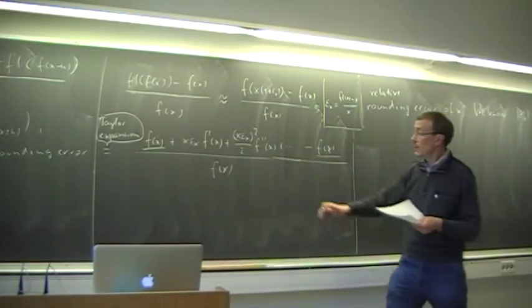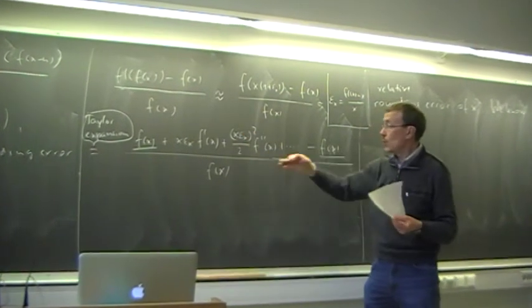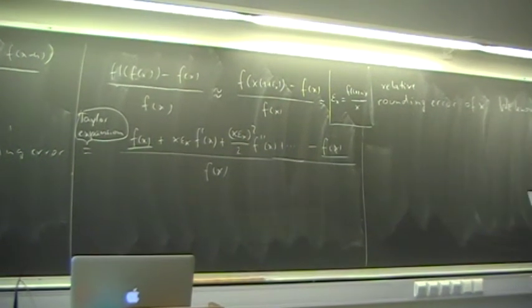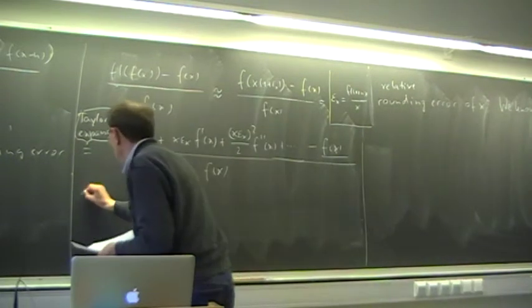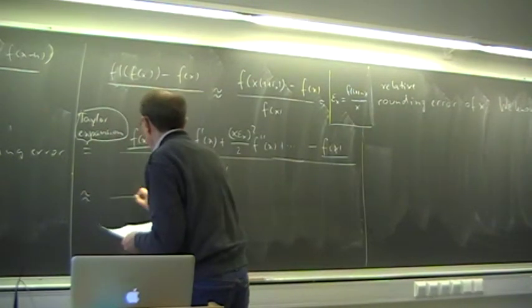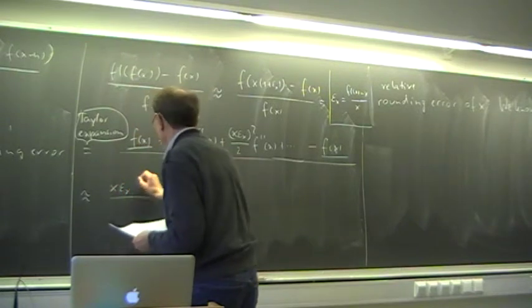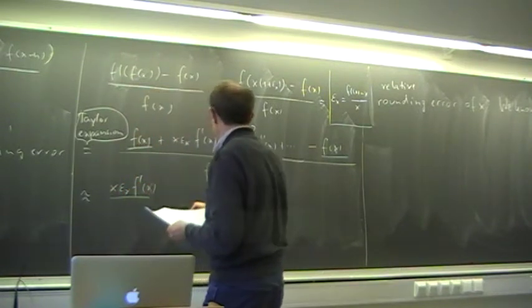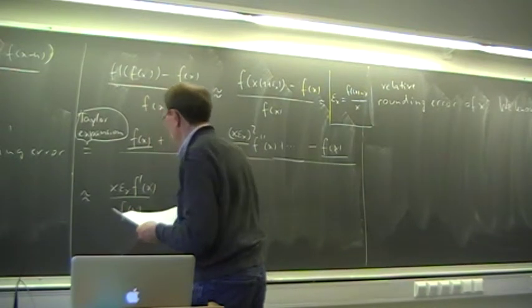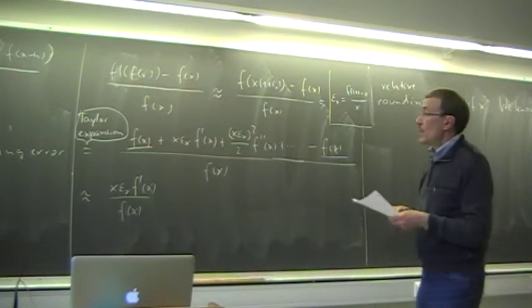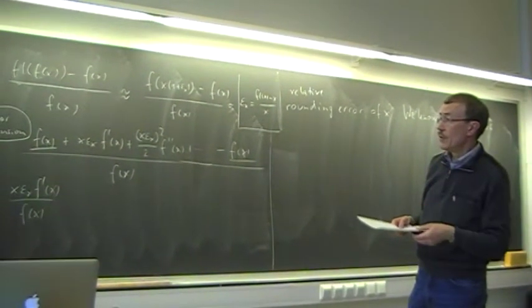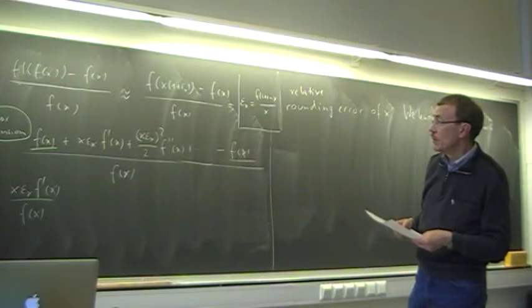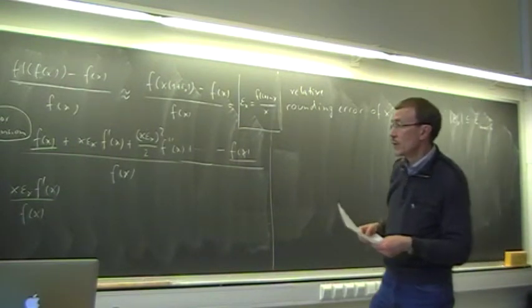And if we neglect these higher order terms, because we know that epsilon x is very small, so we can neglect that, then this is approximately equal to x epsilon x times the first derivative of f with respect to x divided by f of x. So thereby we have now an approximation of the relative error of the function f of x.